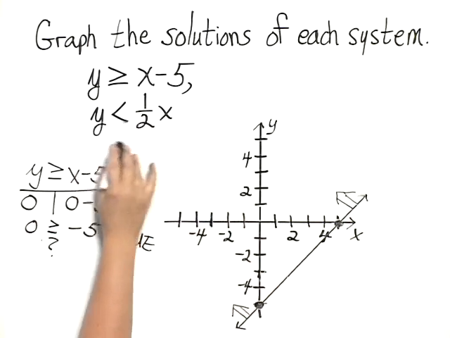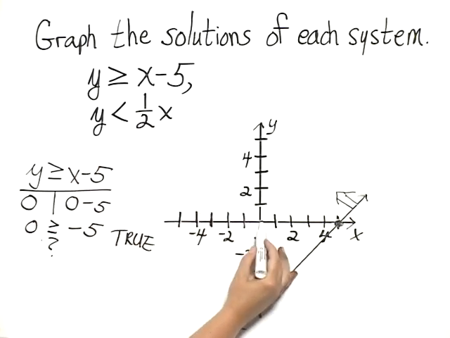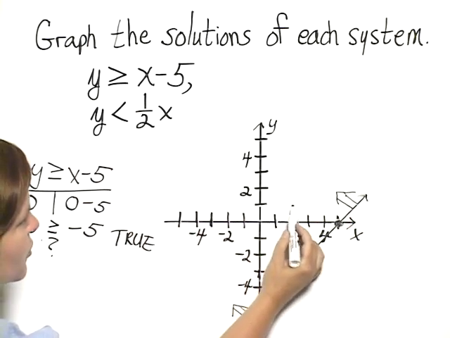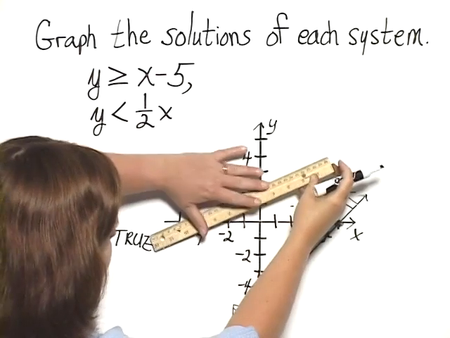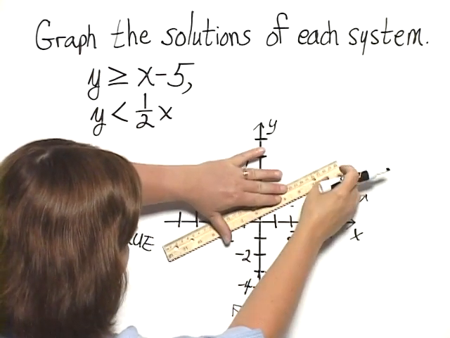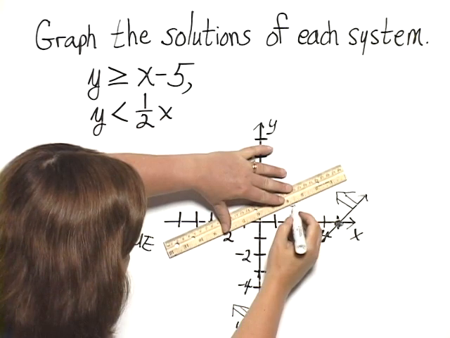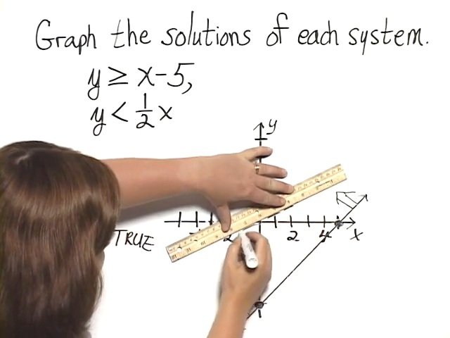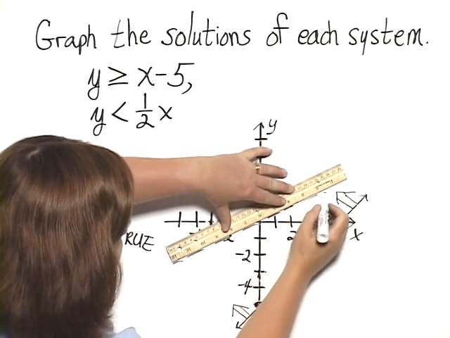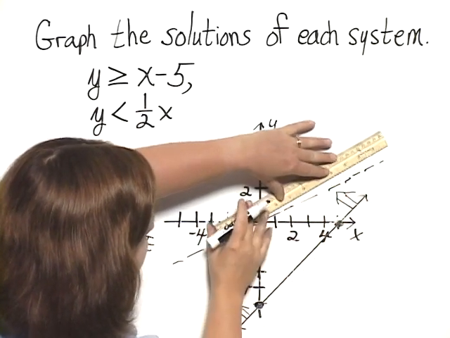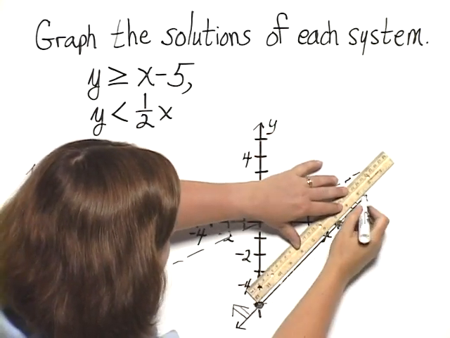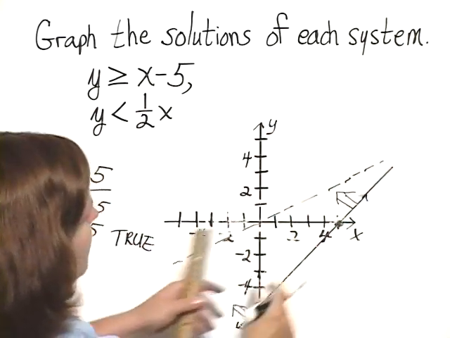This (0, 0) is a point on the line for this one, and it has a slope of 1/2, so we can count up 1 and over 2, and we can draw this as a dashed line. I'm going to extend this just a little bit to show that these will intersect here at a point up here.